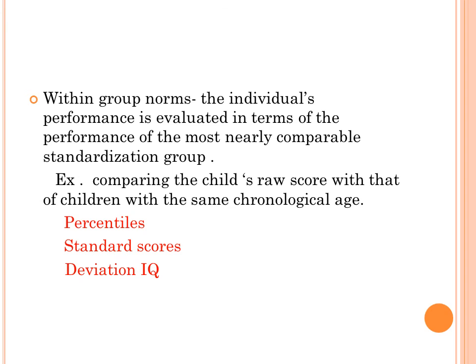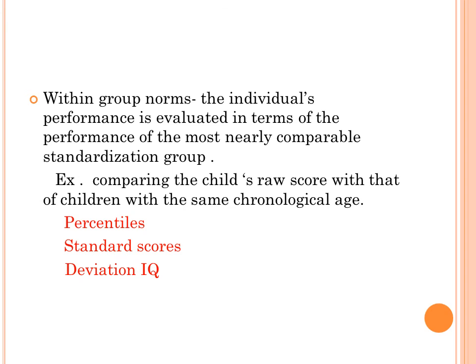You will not get a score that is equivalent to your correct answers, but you will get a score based on the population. For example, if you got 99 percentile, it means that you're in the top 1% of people who got high scores in the National Medical Admission Test. While when you got 20 percentile, it means you're in the lower 20% of the people who got low scores.